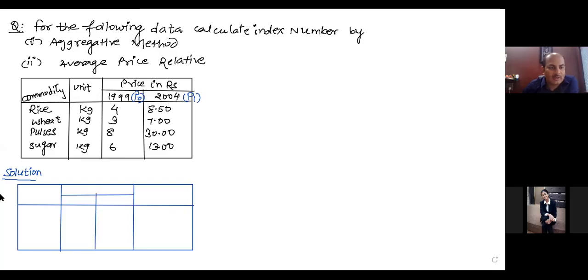So in the next table, I'm not writing the unit, I'm simply moving on with the commodities. So it's price P0 and P1.